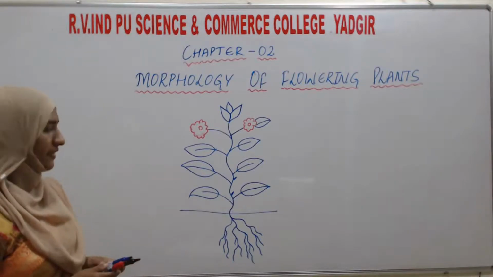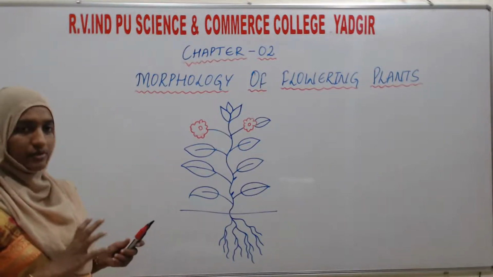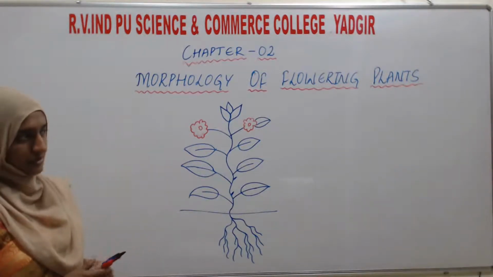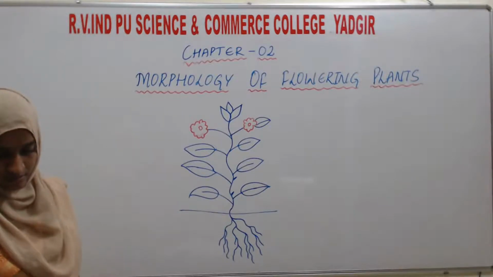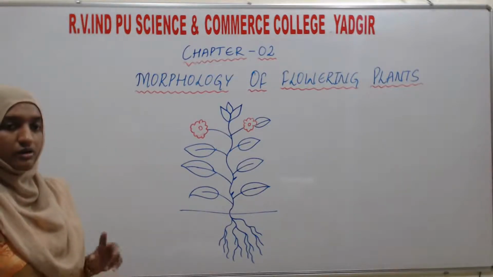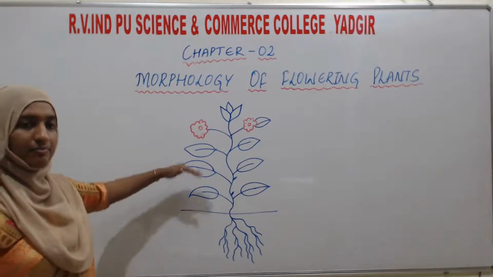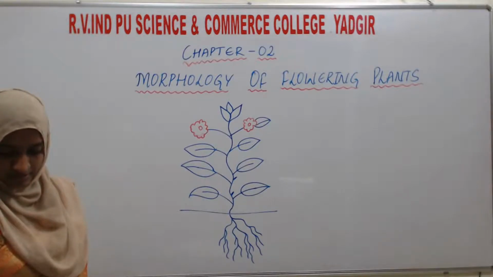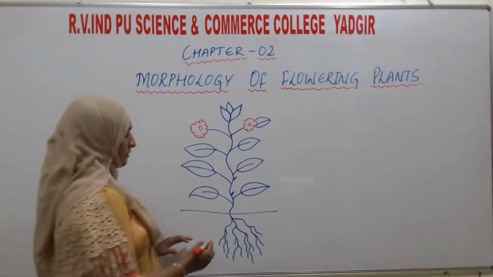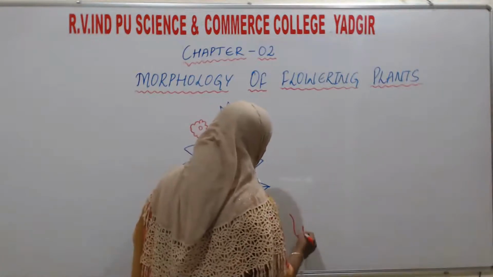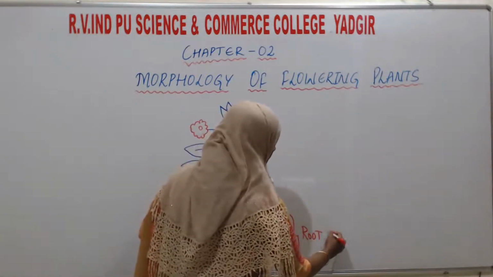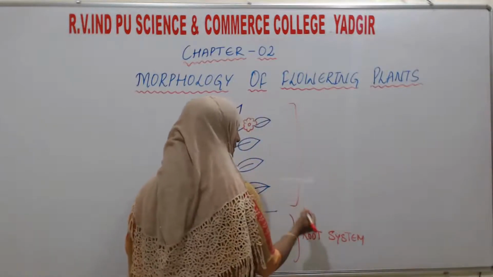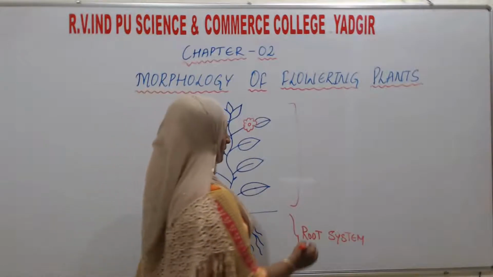This way it will be there. This is the typical structure of a plant. You see here, first there are two parts: the aerial part and the root part. This is the root system, and this one, which is the aerial part, is the shoot system.